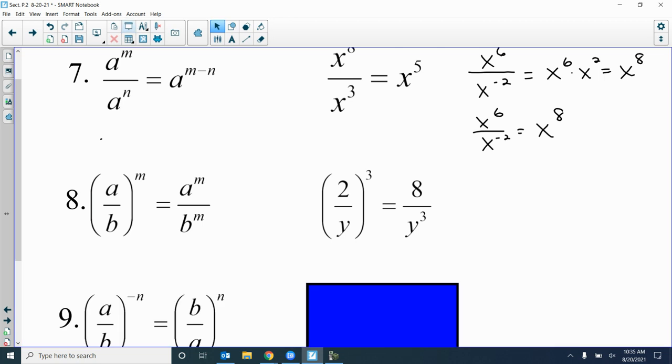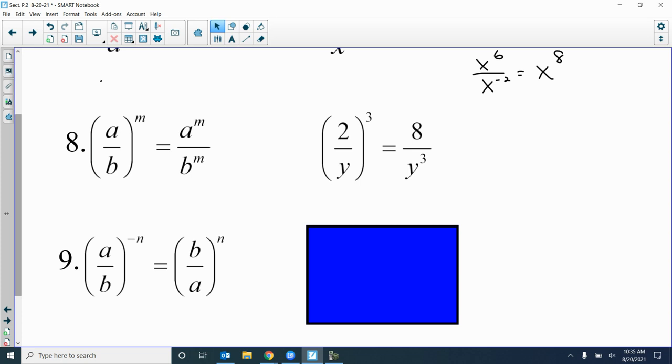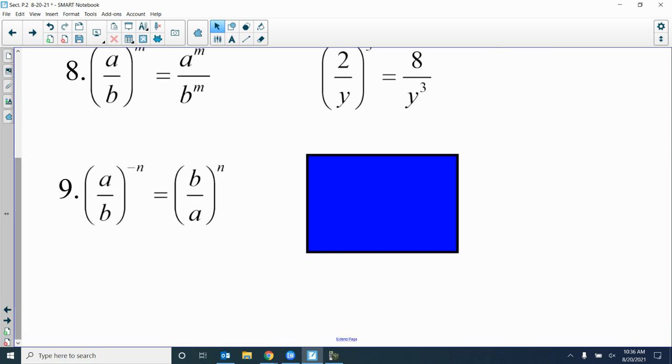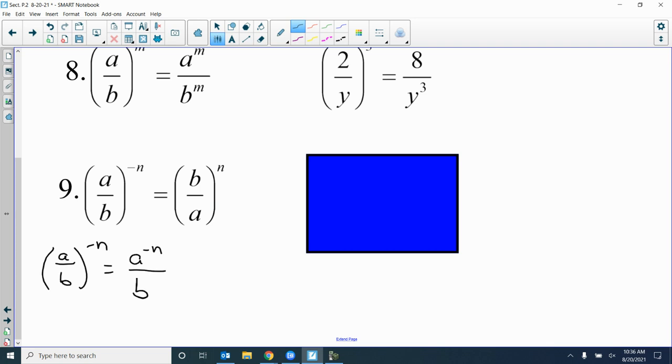All right, and now the last rule that we have here, (a over b) a quotient to a negative power, can simplify to (b over a) to the n power. Okay, you just flip the numerator and denominator, and you change the power. Now, you don't have to go through these steps, but here's what's going on. (A over b) to the negative n is the same as a to the negative n over b to the negative n.